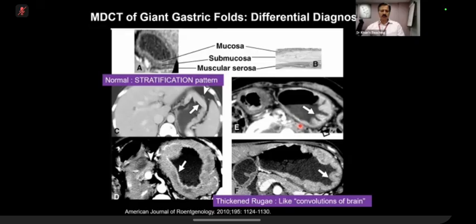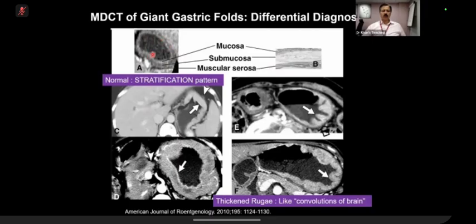But those of you who are interested in GI radiology afterwards, you have to read papers like this. This is from AJNR, MDCT of giant gastric folds. Please remember that this is mucosa, this is submucosa, this is muscularis.